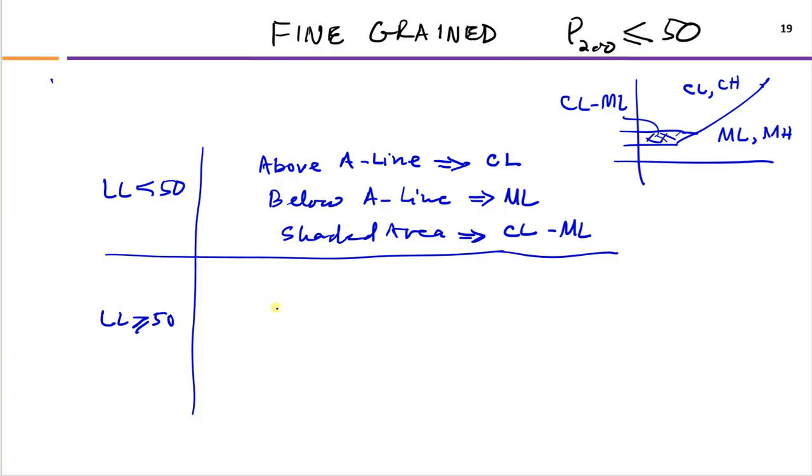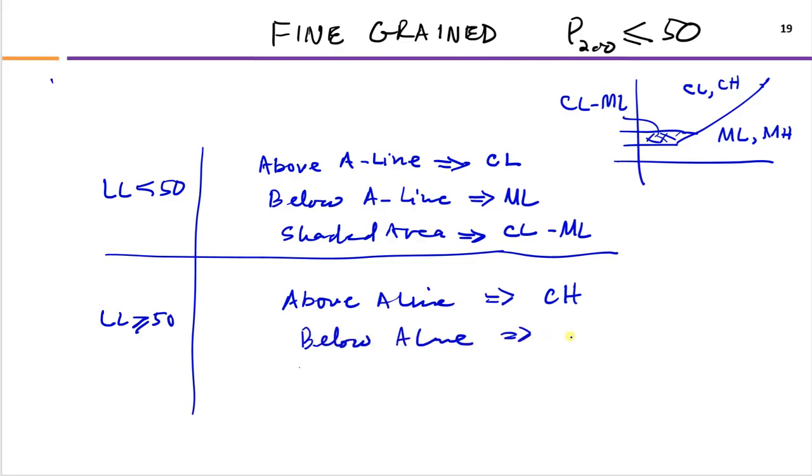Now when liquid limit is more than 50, the same way, if it is above the A line, this will be called CH, and when it is below the A line, it will be called MH. So there is no shaded area, because when the liquid limit is 50 or more, there is no shaded area. Okay, so there are 1, 2, 3, 4, 5. There are 5 categories for fine grained soil.